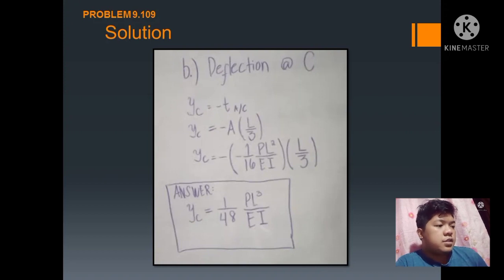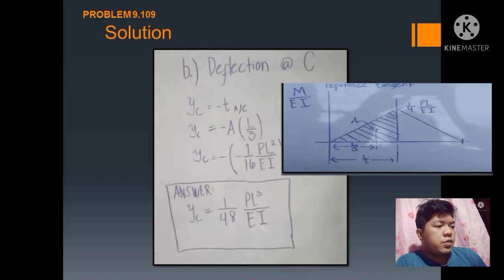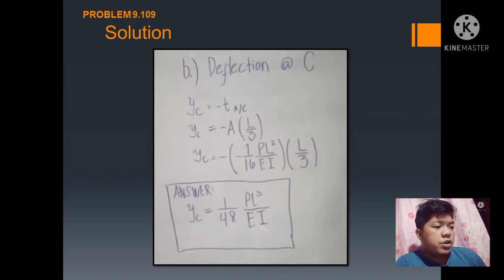In finding the deflection at C, the deflection at C is equal to the negative displacement from point A to C. To find this, we should use the figure from our free body diagram to find the centroid, which is L over 3, and our area, the one that we solved earlier.